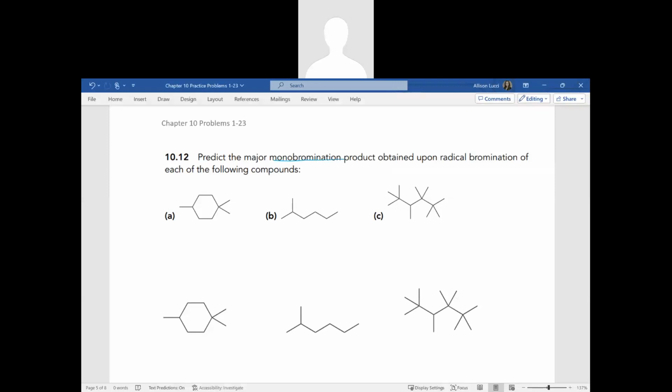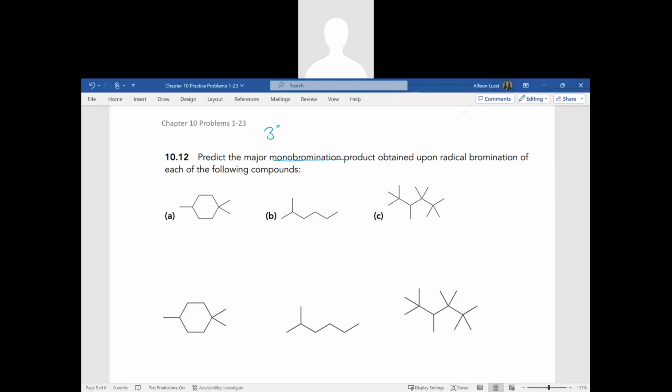And if you recall, radical bromination is very selective because the energy difference between the transition states for a primary, secondary, or tertiary radical site are very different. So we will see that if there is a tertiary radical site possible, that will be where monobromination occurs.